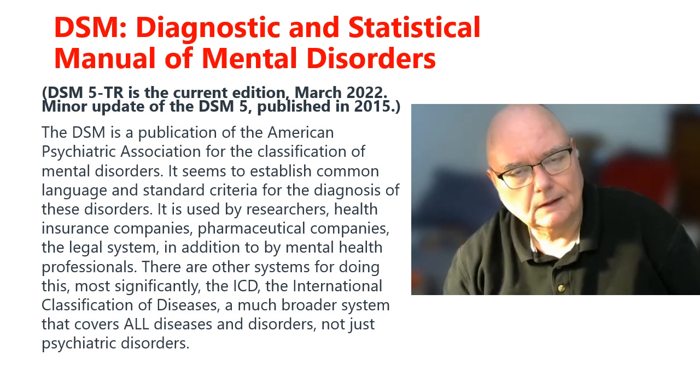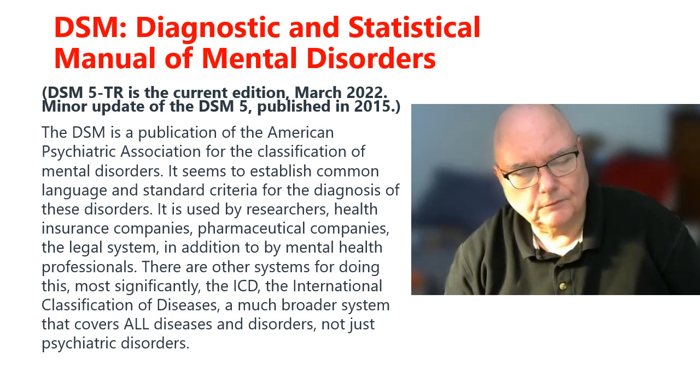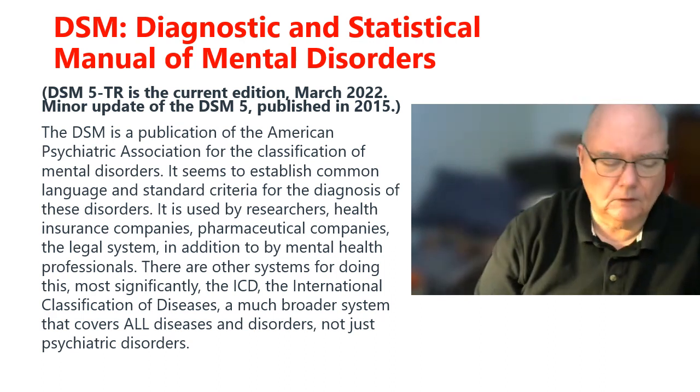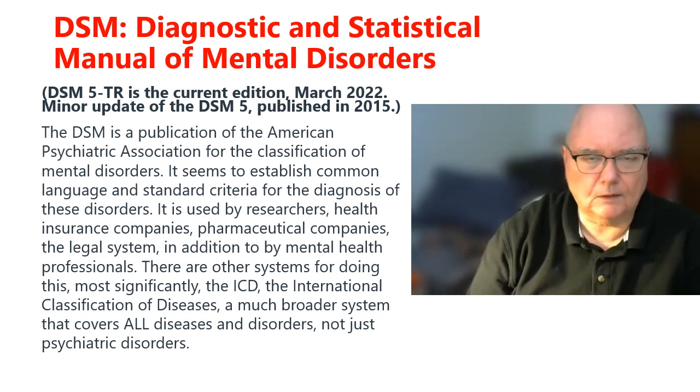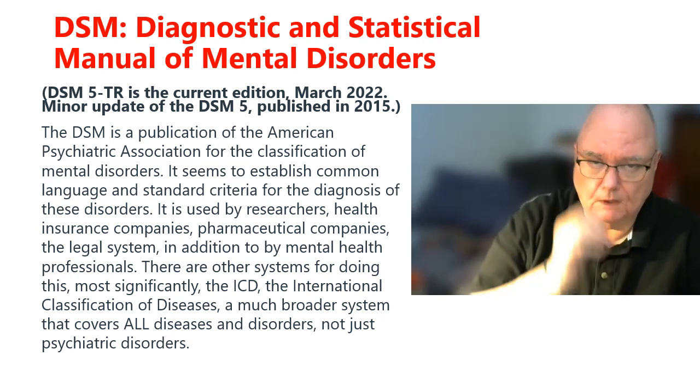That's a mouthful. It is the DSM-5, which means it's the fifth edition, but I will tell you that the different editions really differ quite a bit from each other, particularly up until DSM-3.